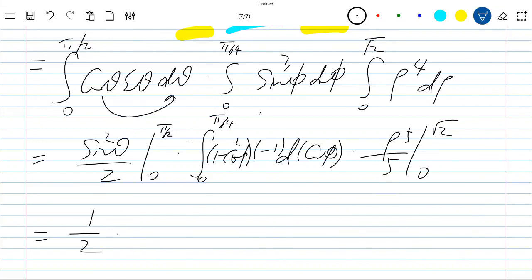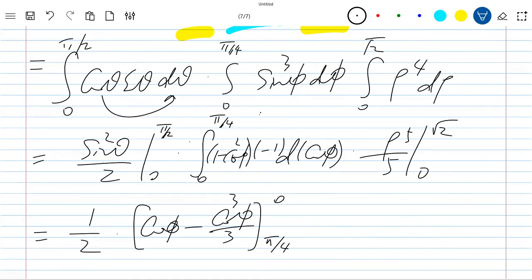So this will give you cosine phi minus cosine phi cubed over 3, right? It's from 0 to pi over 4, but because of the negative sign, let's flip it. Okay, and that -1 is taken care of. And then the last one is root 2 to the 5th, which is 4 root 2, over 5.